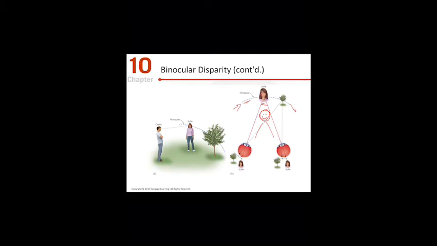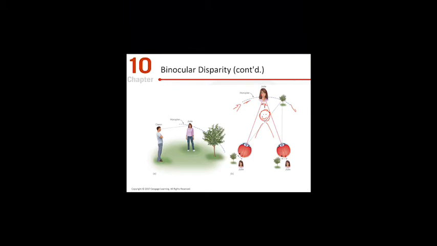That's going to cause disparate images, and we can actually calculate the angle between these points, which we refer to as the absolute disparity. So this is the degree to which the image deviates from the corresponding points. Wherever they're falling on the retina, we can calculate that angle.